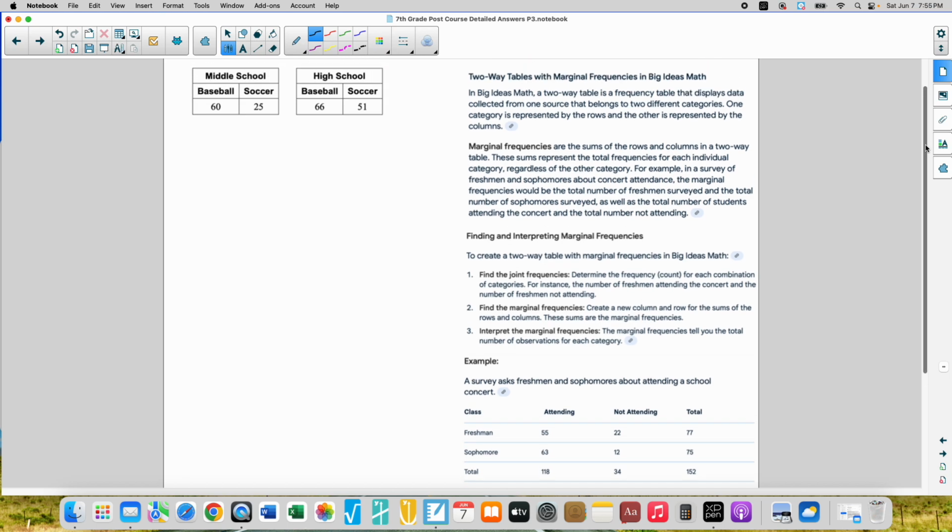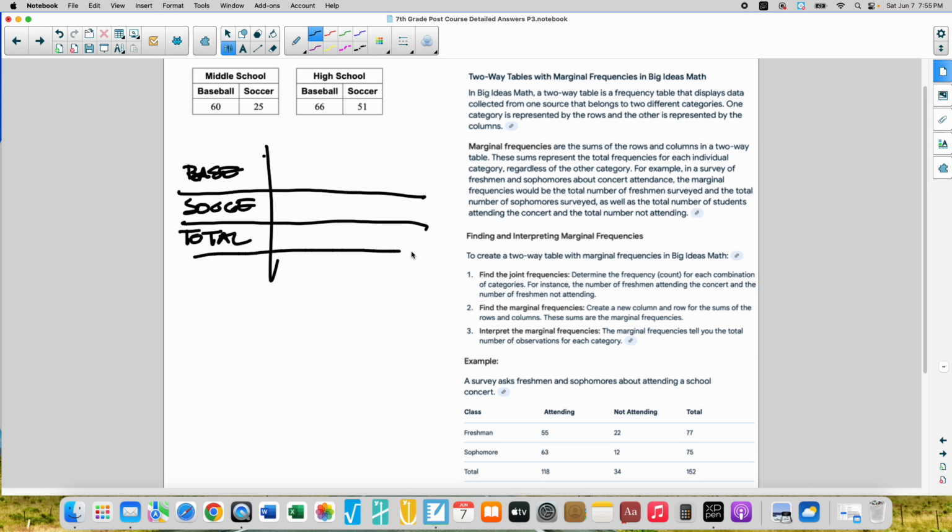So we're going to have our two categories, right? Baseball, soccer. We have baseball and we have soccer as our categories, and then we'll have a total underneath that. And then we have middle school and high school as our other categories, and then total on this one also.